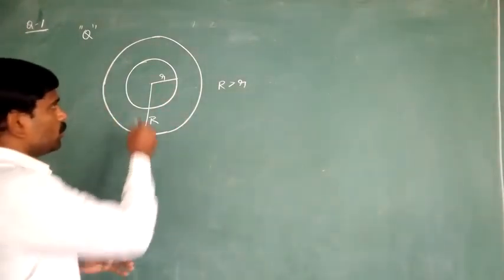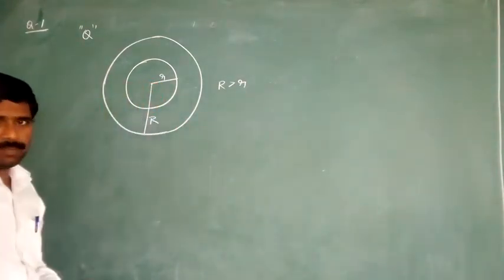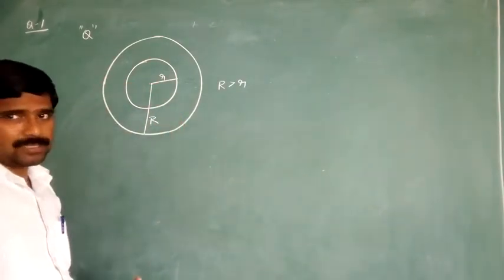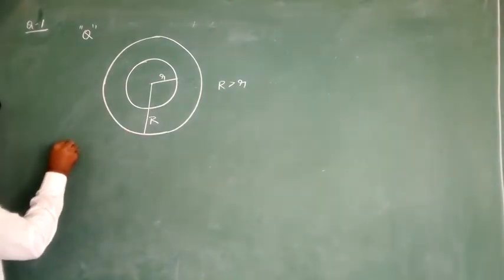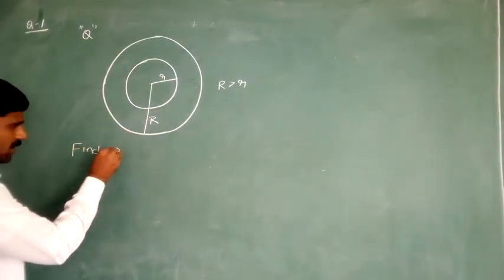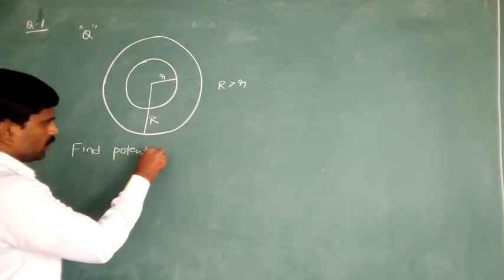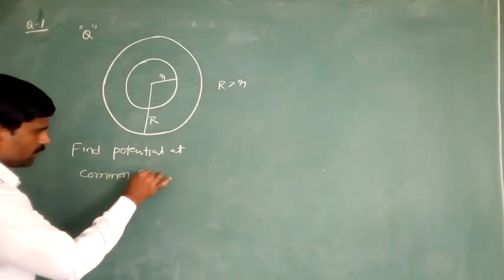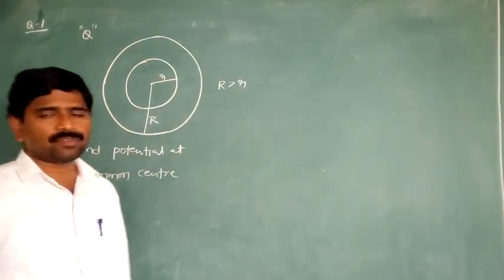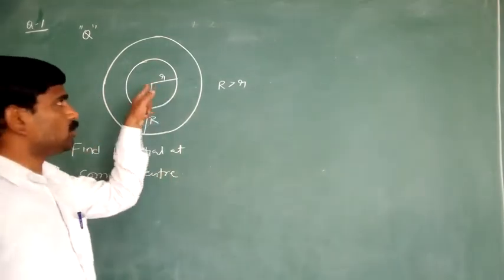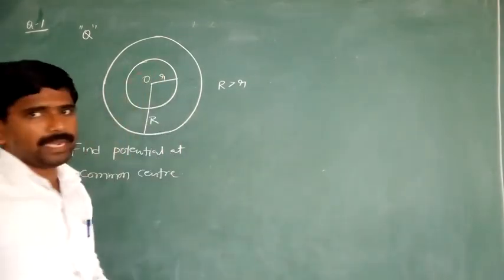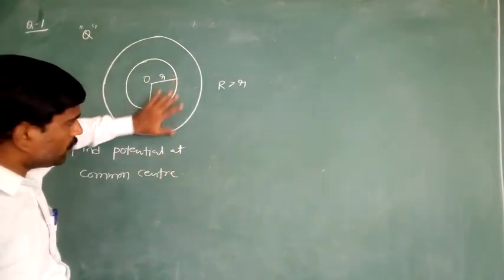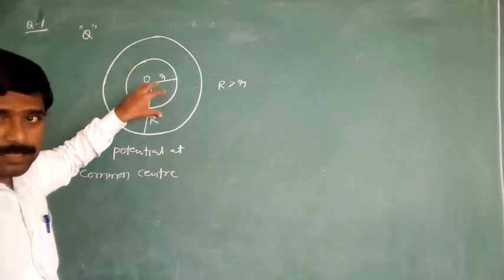What is our motto? Find the potential at the common center due to the system of charged spherical shells. So, find the potential at point O. The total charge is Q, distributed over the two concentric spherical shells.